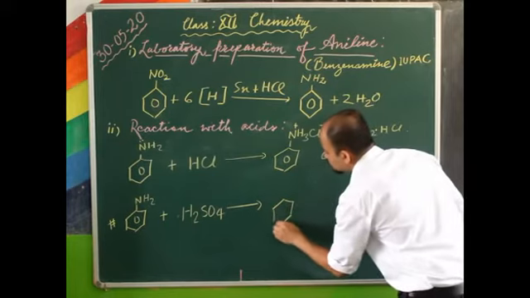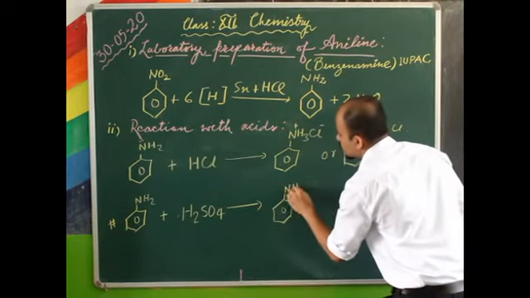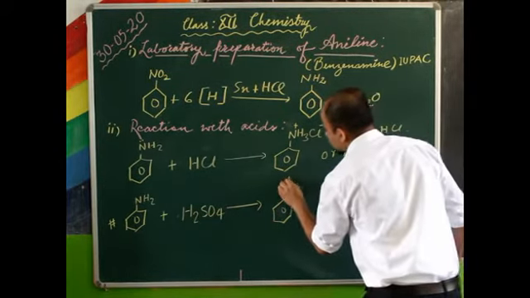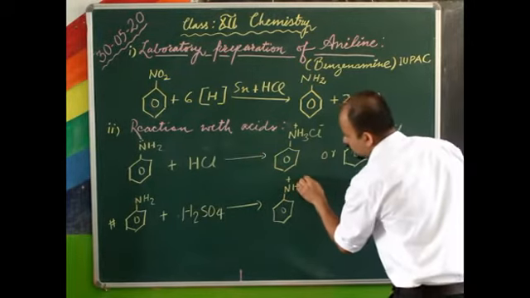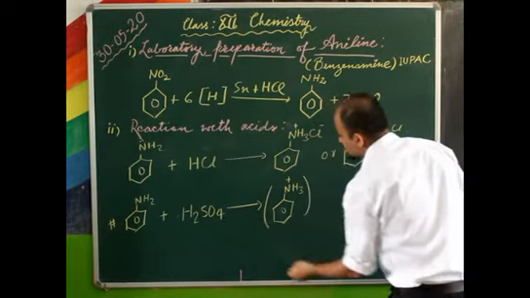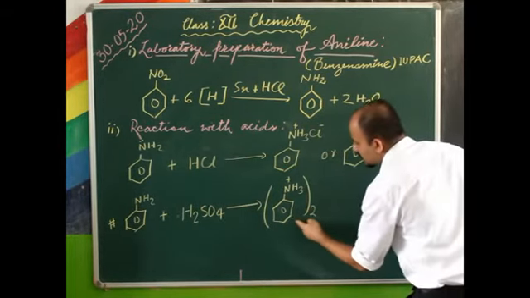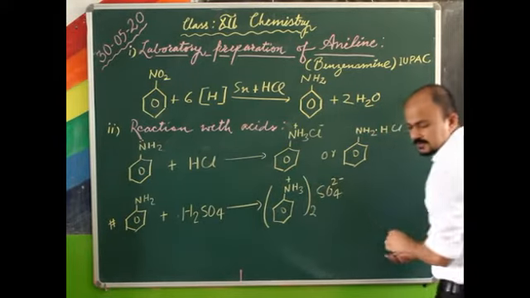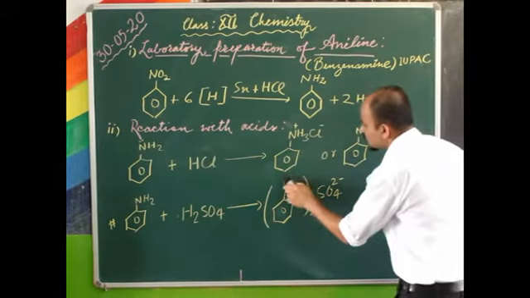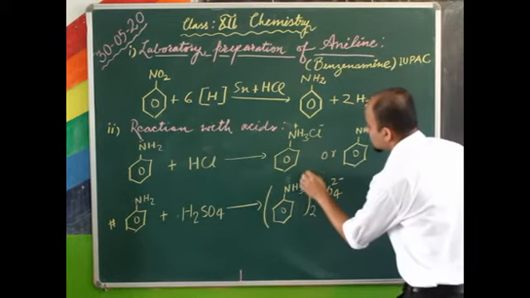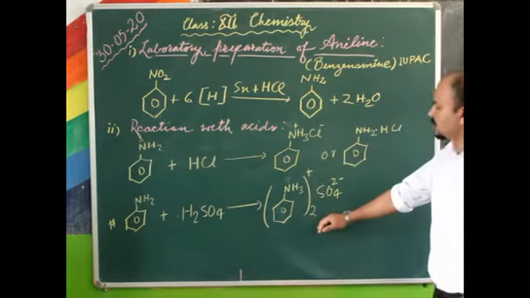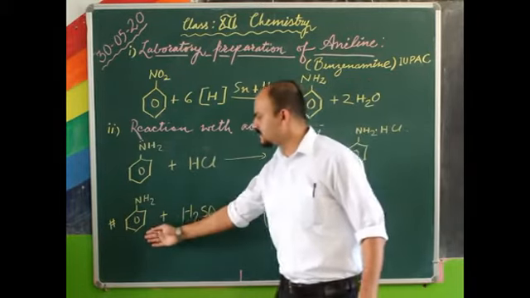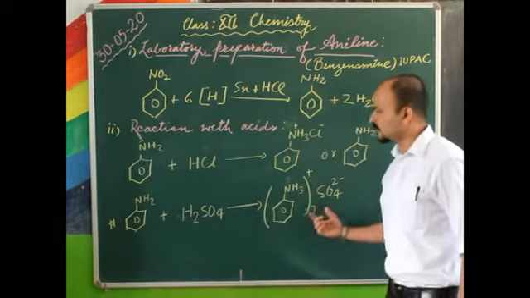So you will be getting NH3 plus, and since the valency of sulfate is 2, this entire thing will be twice, SO4 2 minus. So this plus charge, instead of writing here, you can write outside the bracket. So, a simple reaction. Base, this is acting as base, reacting with acid to give you salt.